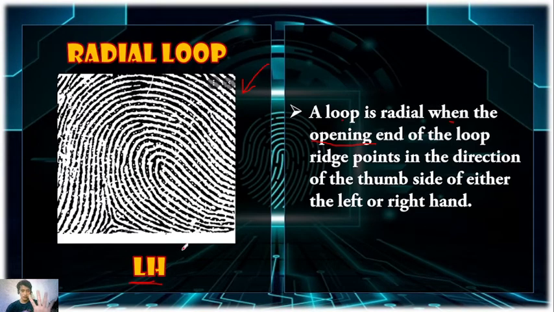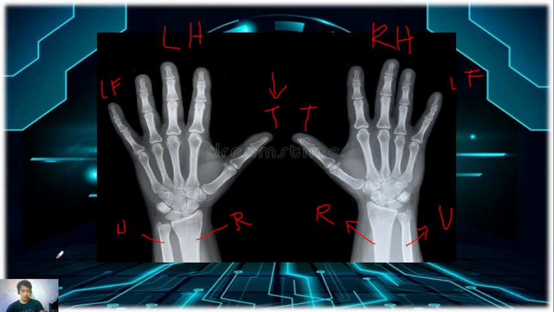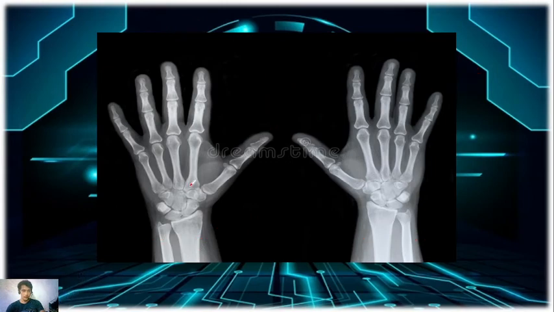So in our left hand, if it is facing towards the direction of the thumb, and we say that the thumb is aligned with the radial bone, then we can say that that is a radial loop pattern. Okay, so let's go back here in this illustration.